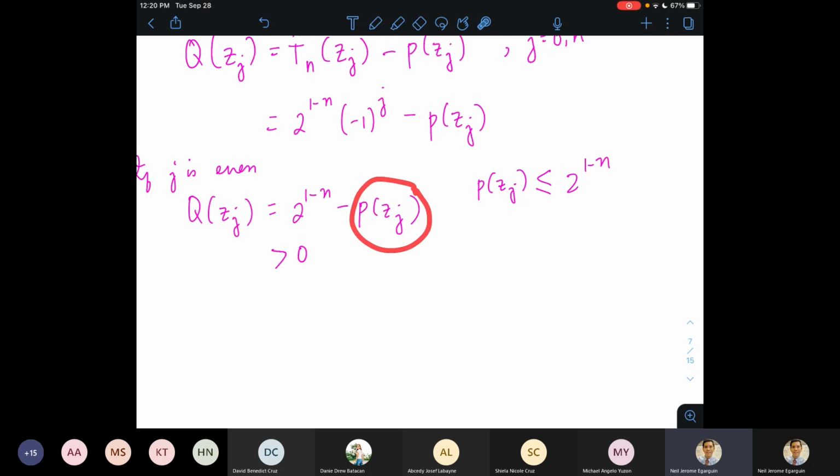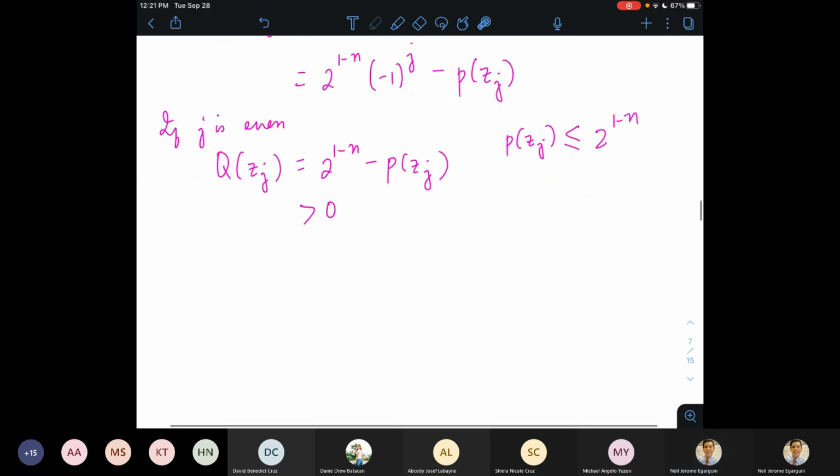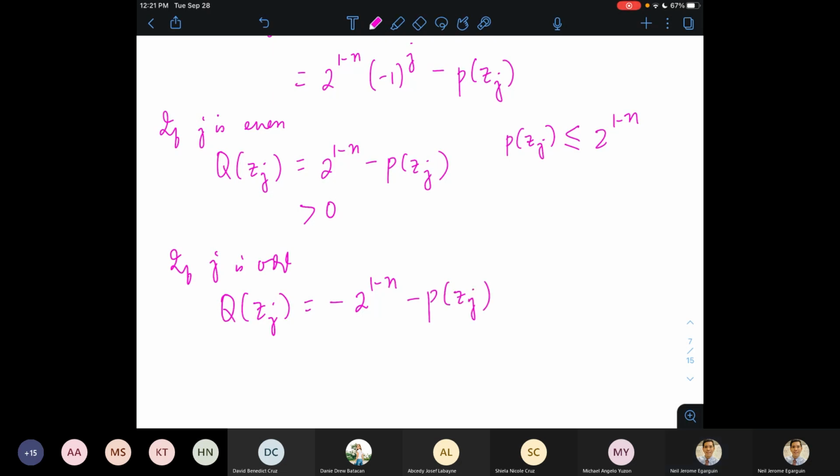Kung ito ay positive, pero yung positive value niya hindi lalampas sa 2 to the 1 minus n, so ibig sabihin ito ay magiging positive. Okay? Now, similarly, if j is odd, yung Q of Cj ay magiging equal sa negative 2 to the 1 minus n minus P of Zj. If you do the similar analysis as we did for the first case, you'll be able to show that this is less than 0.